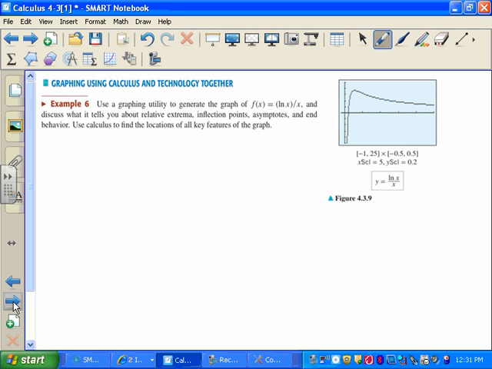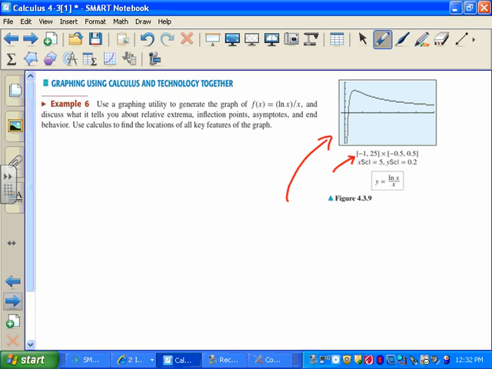And you should see basically a log graph. Oh, here it is. And they want you to actually change your window. Look, they're telling you your window. So if I go to my window, you're going to change your window from -1 to 0.25. And then you want to count to 25.